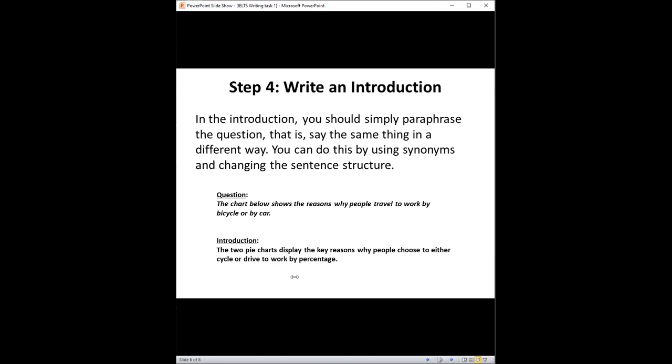You can paraphrase like: the two pie charts display the key reasons why people choose to either cycle or drive to work by percentage. This is all you need to do for the introduction.